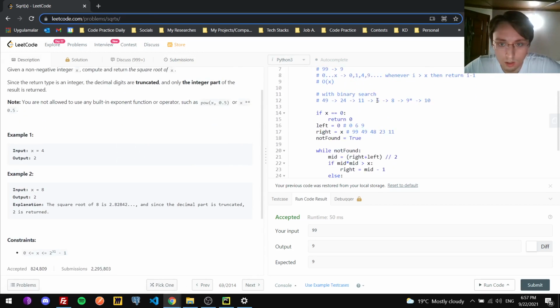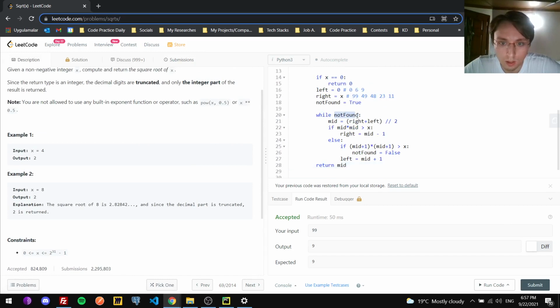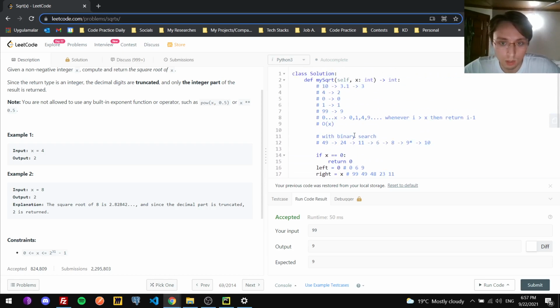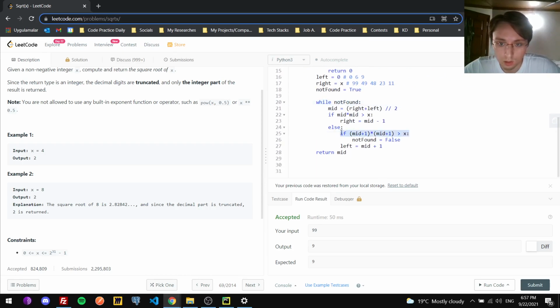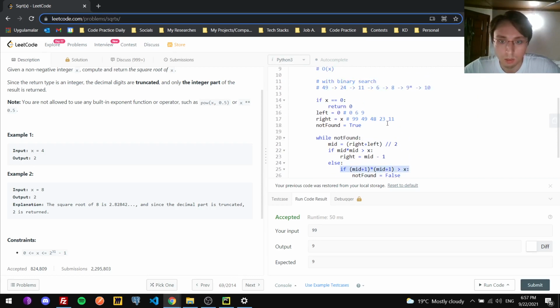So here what we do is we do binary search without any data structure on a number, just to find the square root of a number, with the truncated result, actually the square root of x without the decimal part. So yeah, this was the answer.